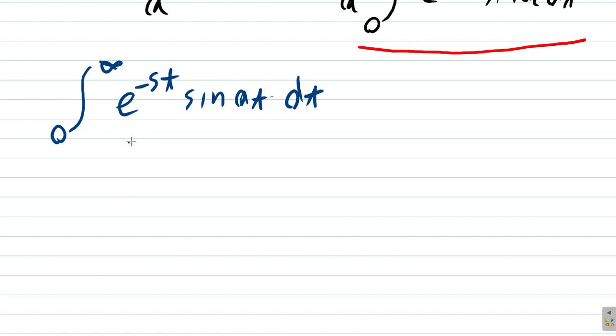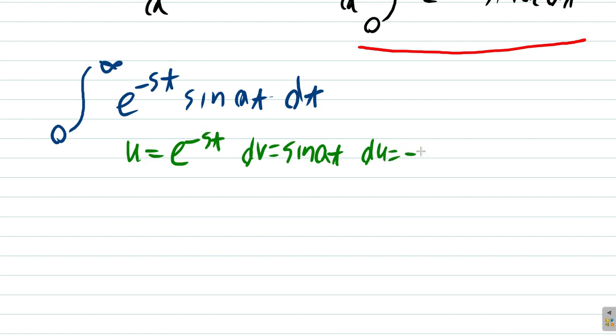In this case, we let u be equal to e to the negative st, dv is equal to sine at, du would be negative s e to the negative st, and v is equal to, well, when we integrate sine, we get minus cos, so it's going to be minus cosine of at over a.